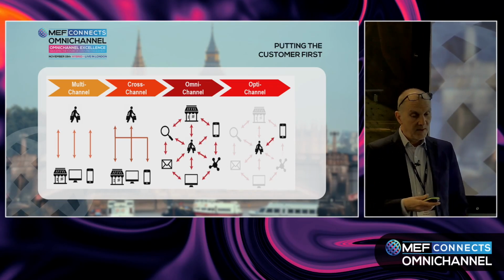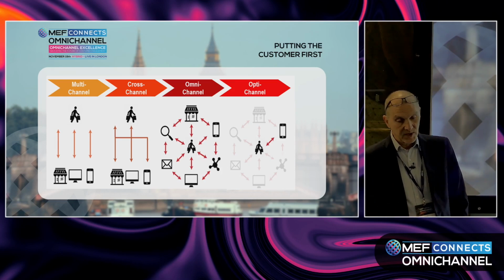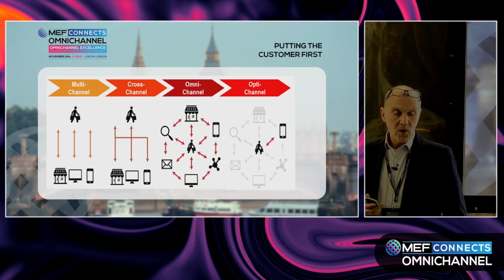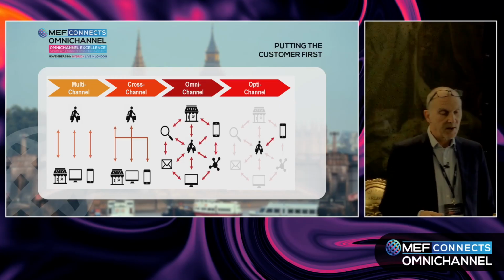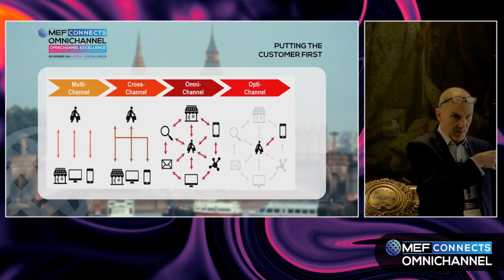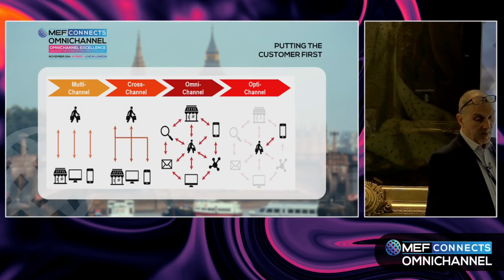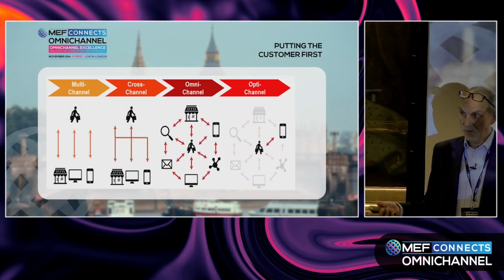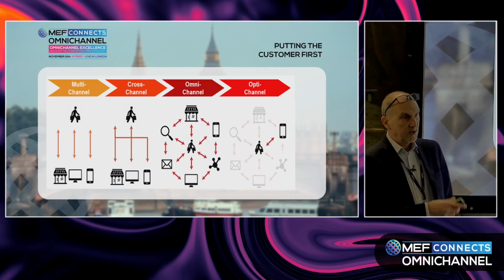So the need to swap between channels is then reduced or eliminated, which provides a more optimized customer experience. And before we move on, to be clear, I'm not saying that cross-channel here in the middle is the ultimate aim, but it certainly provides a good bridge for organizations moving from one side to the other.